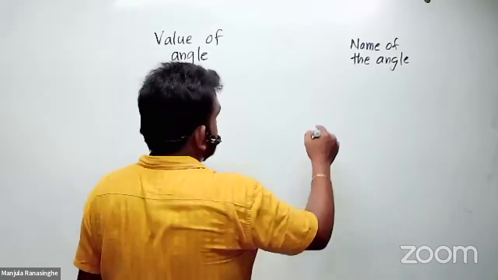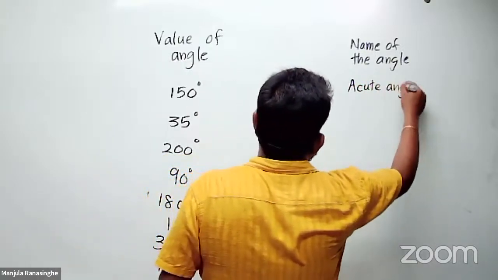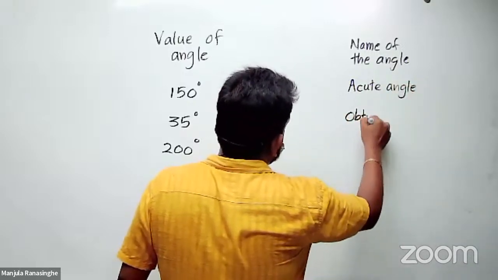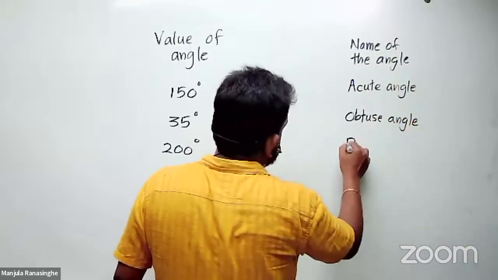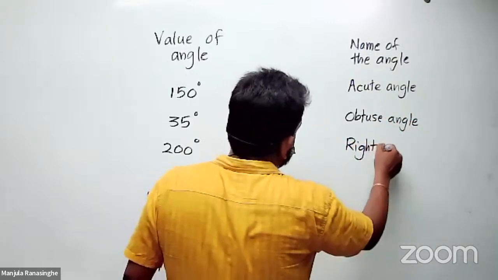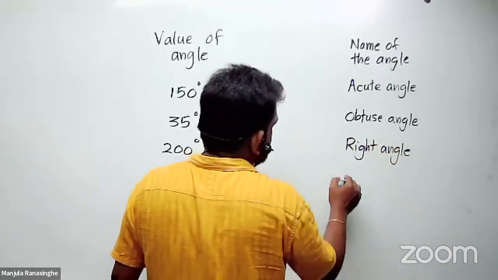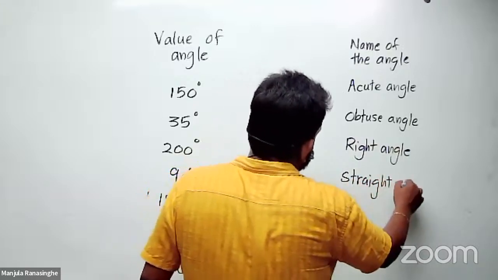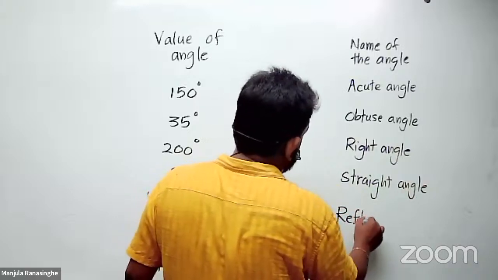These are the names: acute angle, then obtuse angle, right angle, then straight angle, finally reflex angle. You have to match.